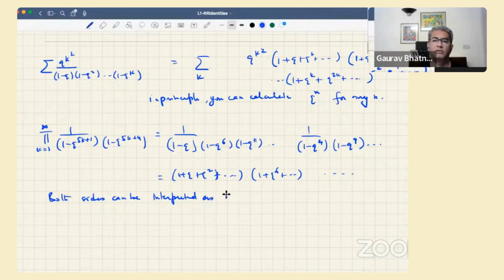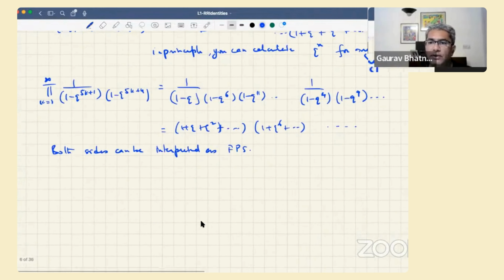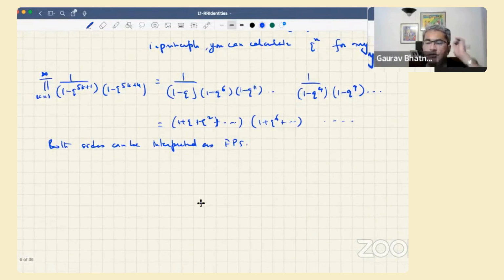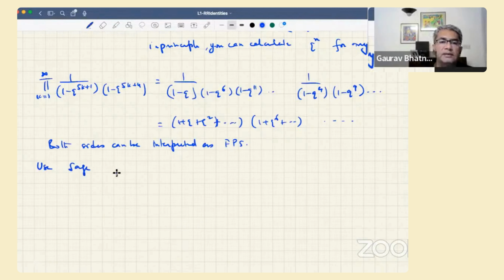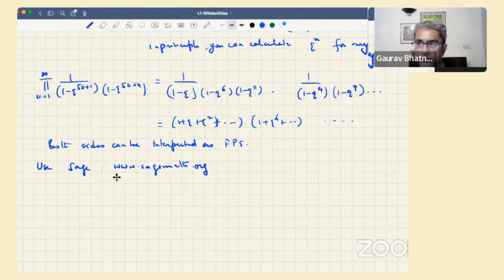So again, both sides can be interpreted as formal power series. And what I'll suggest we all do is we will use Sage. It's available at sagemath.org, and you can download it or you can use it online, but downloading is possibly better, easier to work, provided you have a Mac or a Linux machine.